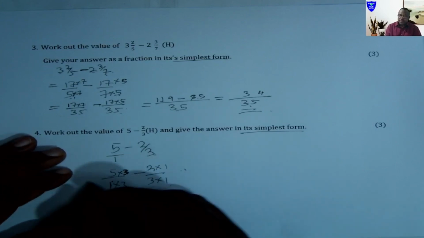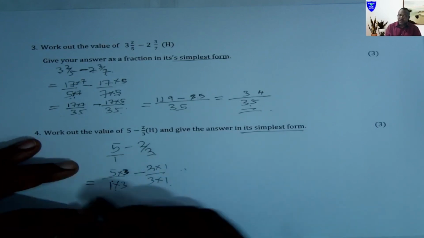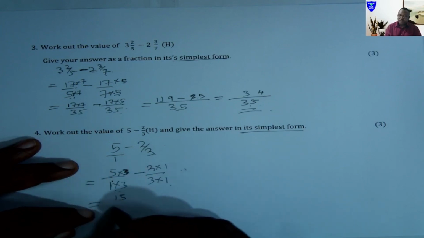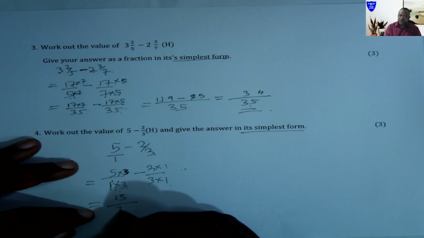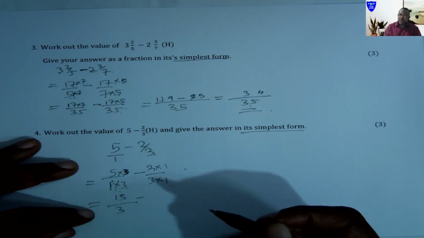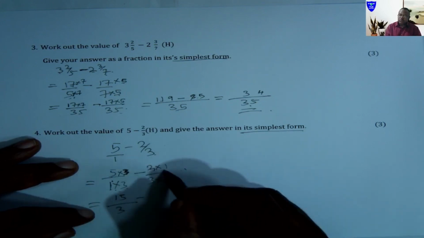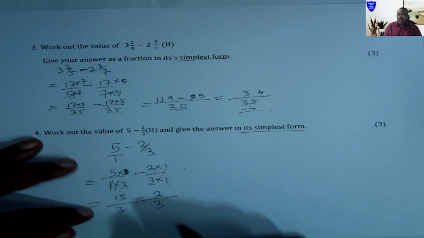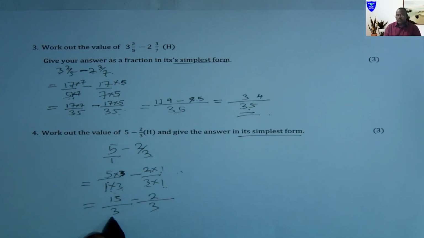Now, this goes to simplify into 5 times 3 is 15. 1 times 3 is 3. Minus 2 times 1 is 2. Then 3 times 1 is 3. Now you have the common denominators there, guys.